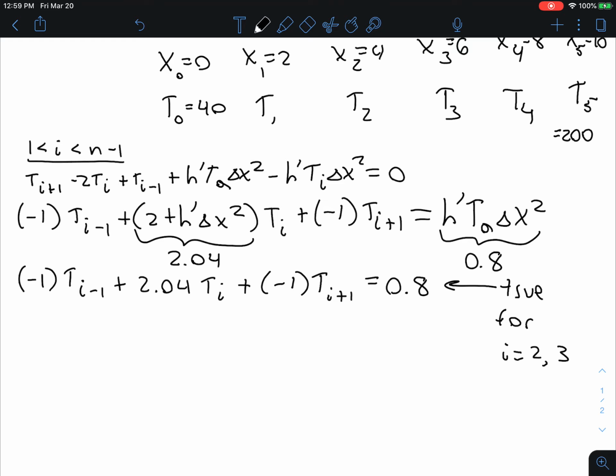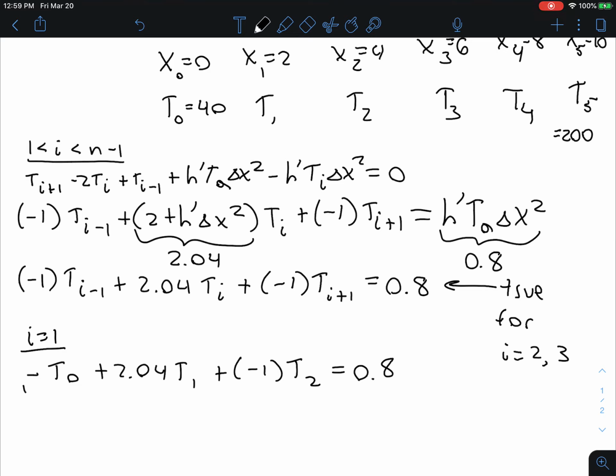but we have to actually change it a little bit for i equals 1. That's because we know T0. So in the specific case of i equals 1, we're going to have minus T0 plus 2.04 T1 plus negative 1 T2 equals 0.8.